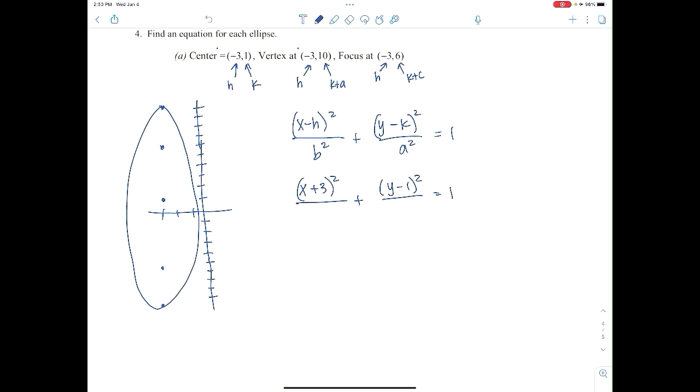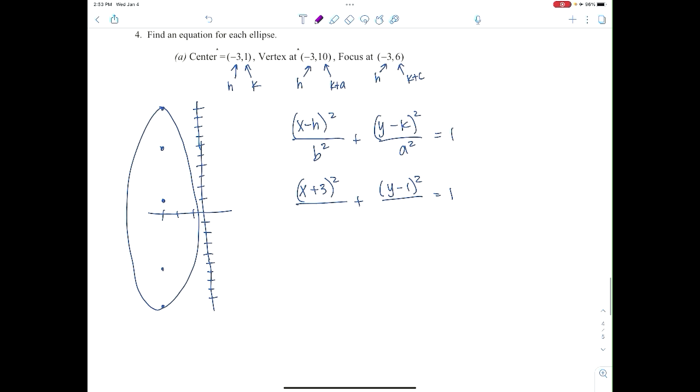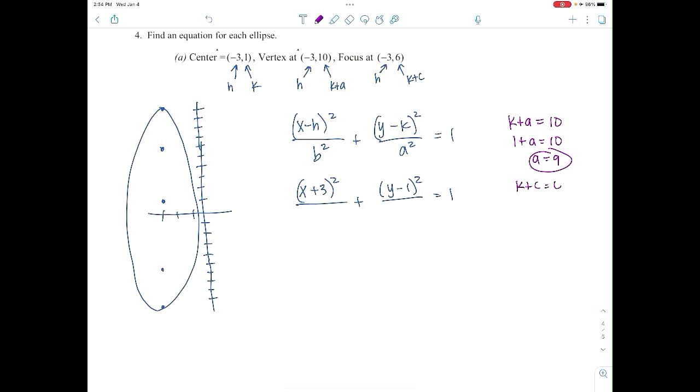Now, in order to get my a and my b, first I know that k plus a equals 10, and k is 1, so 1 plus a equals 10, which means a has to be 9. I also know that k plus c equals 6, and k is 1, so 1 plus c equals 6, so c has to be 5.